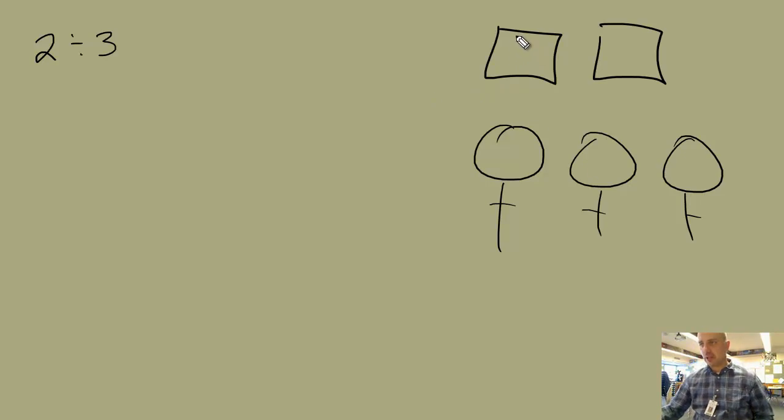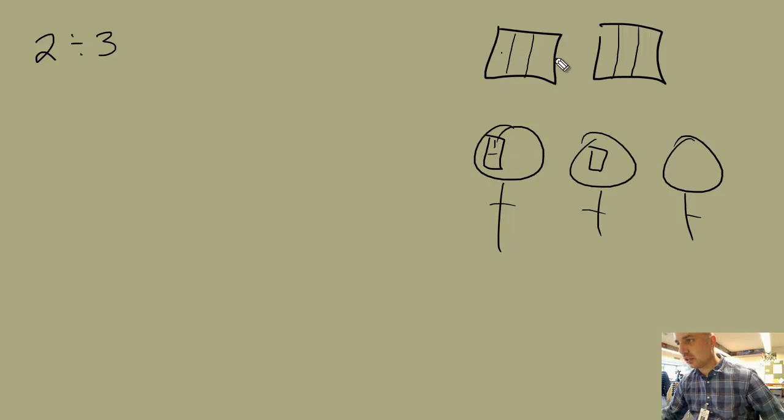This one goes to this person, so there's 1 for you. This one goes to you, and this one goes to you. Awesome. This is my 1 whole cracker here, and this is another cracker. Together we have 2.